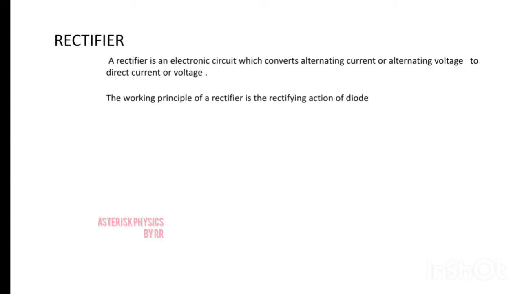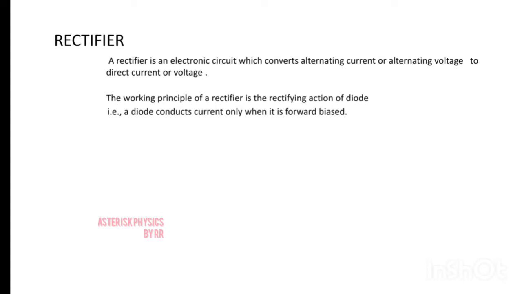So what is rectifying action of a diode? A diode conducts current only when it is forward biased. That is, diode conducts current from P region to N region, from P to N. That is when the P side of the diode is connected to the positive terminal of the battery and N side is connected to the negative terminal of the battery, which is called forward biased.